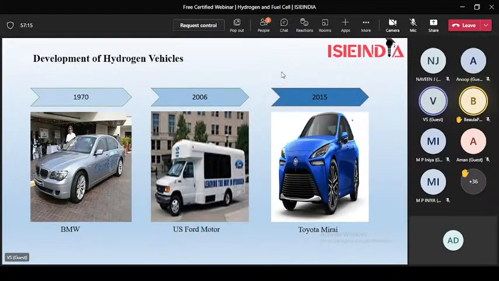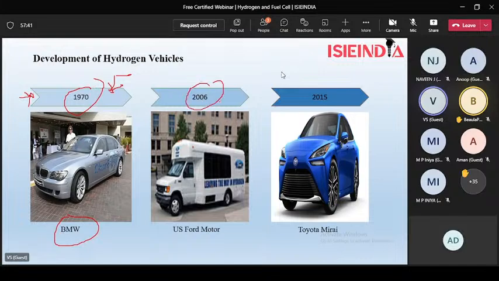So now the hydrogen vehicle concept. We can see that in 1970, BMW introduced the concept that a hydrogen vehicle can also exist. So it was by BMW in the 1970s.